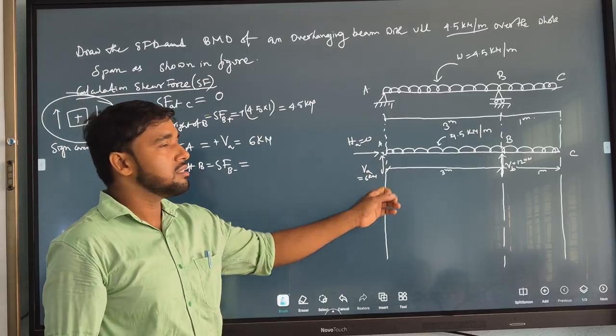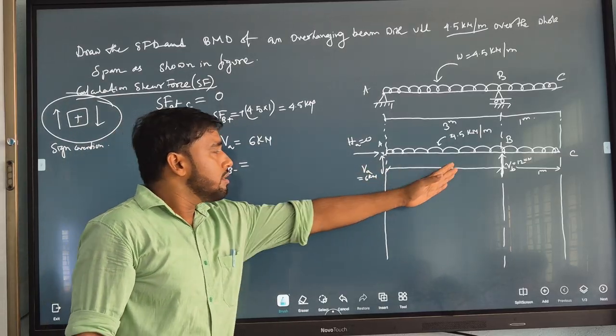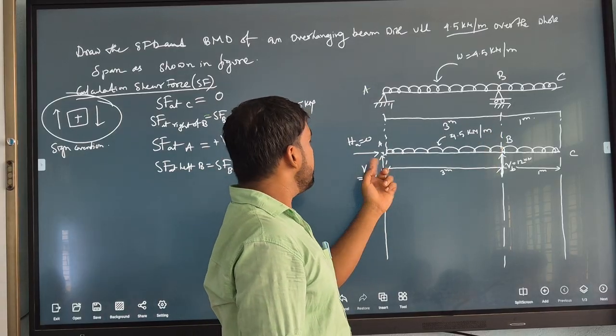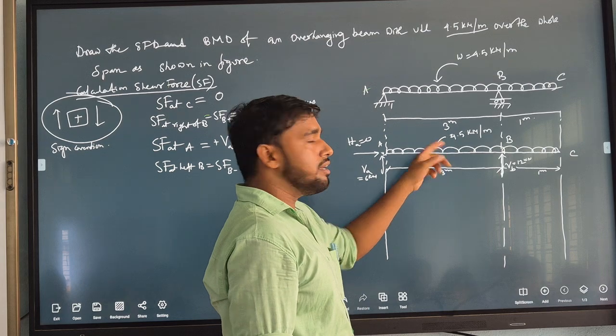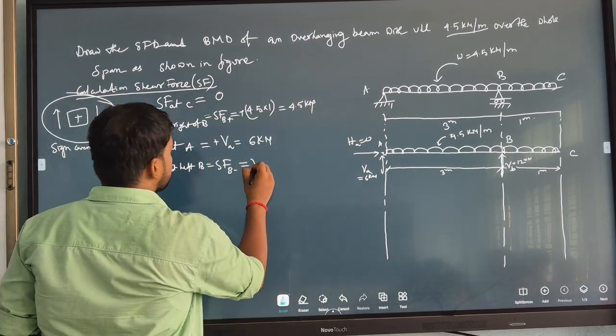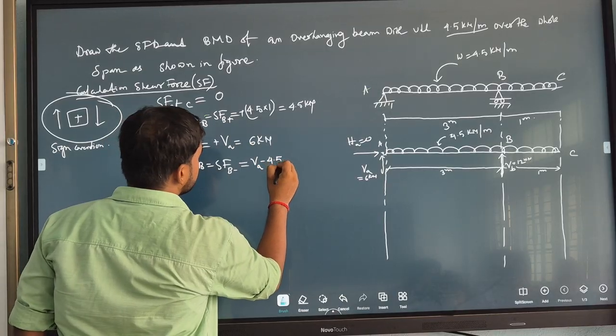VA minus, you stand here and look towards this direction. Only VA and this UDL will be there. So VA minus 4.5 into 3.